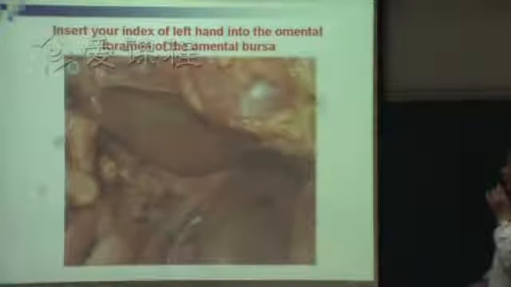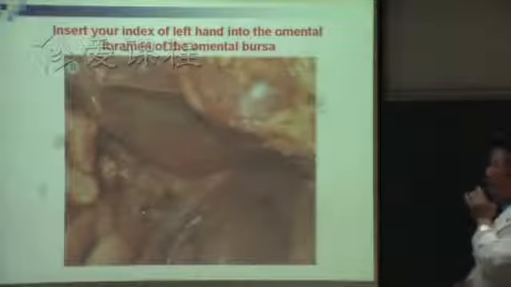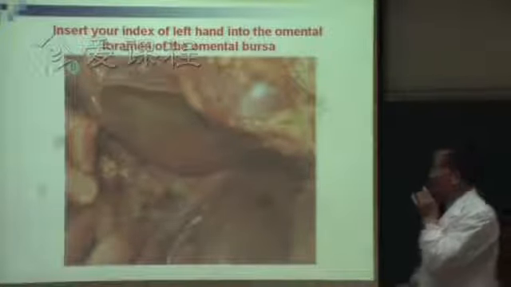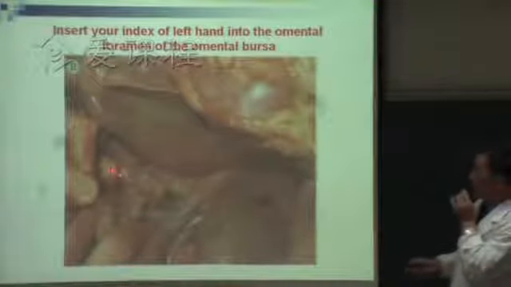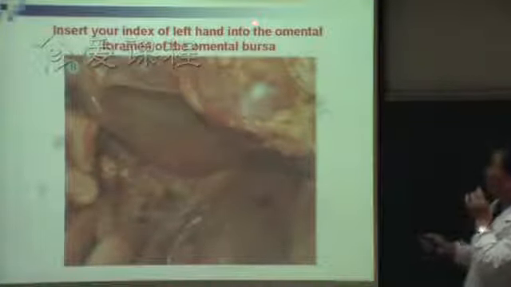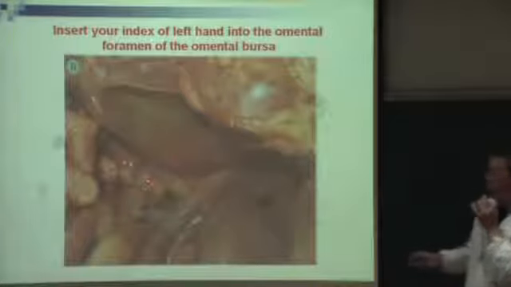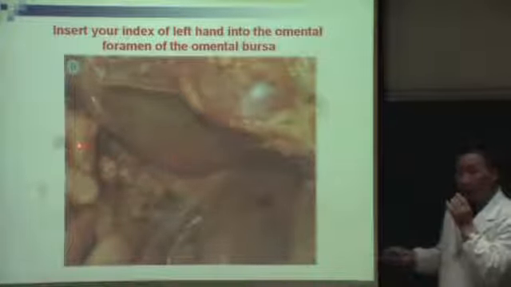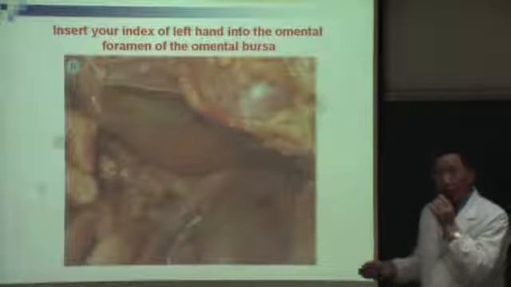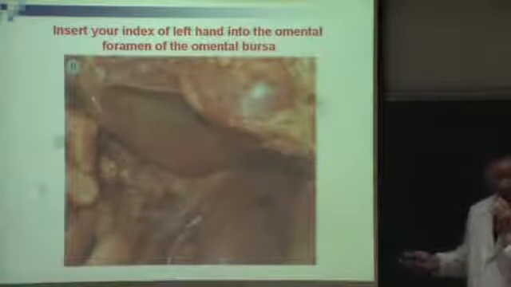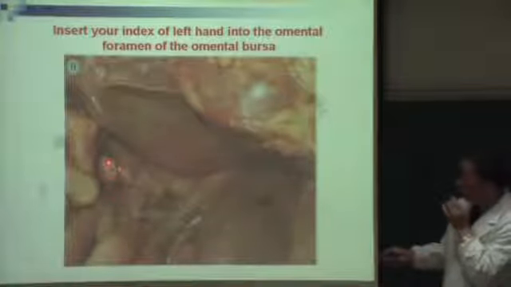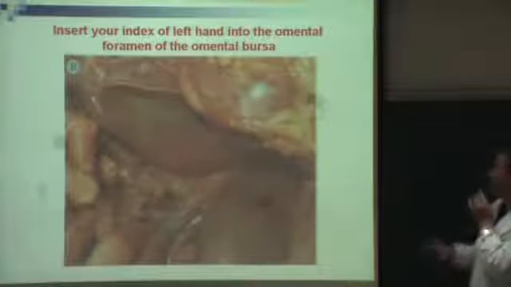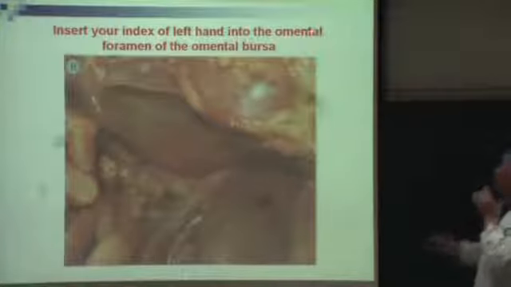Okay. When you observe the omental bursa, you should put a finger into the omental foramen from the right side of the lesser omentum. This foramen is called the omental foramen.